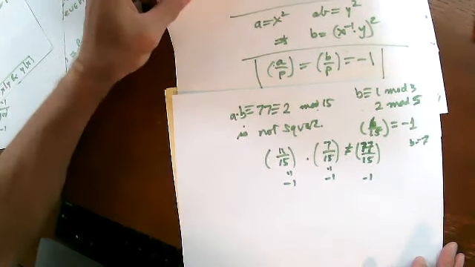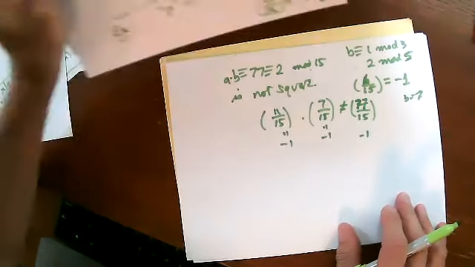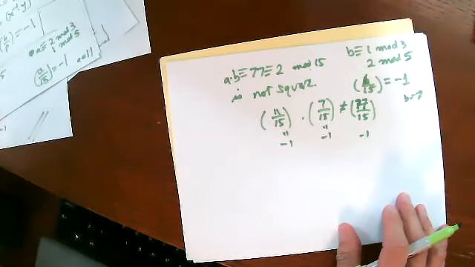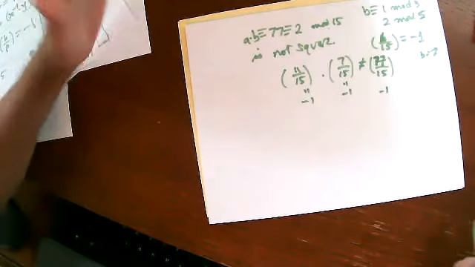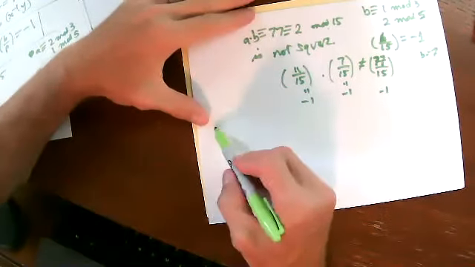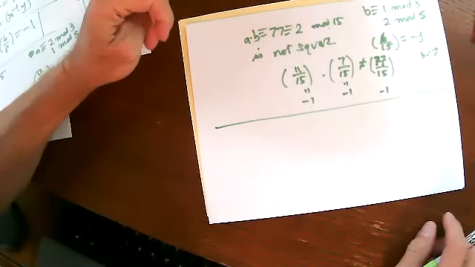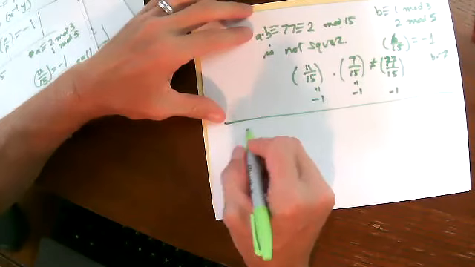All right, so I want to think a little more in detail now about exactly which numbers are squares modulo p. When can I solve a congruence like x squared is congruent to a modulo p? A starting point is this kind of problem.